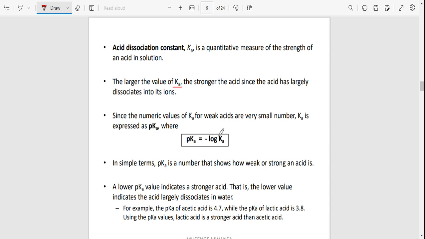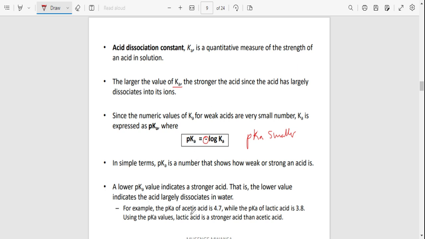Already said, if you have got Ka, you take the negative log of that Ka, then you are going to have pKa, right? Now, for pKa, it is not like Ka. When pKa is small, this means that the acid is very strong. If pKa is big, that means that the acid is weak because we have got a negative there, right? So it is opposite in that way.